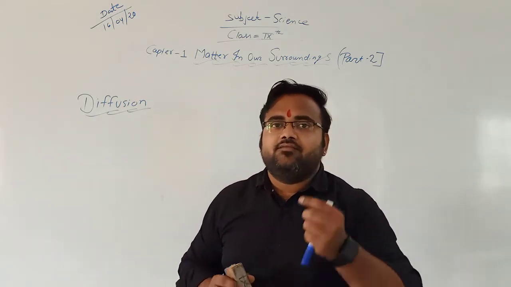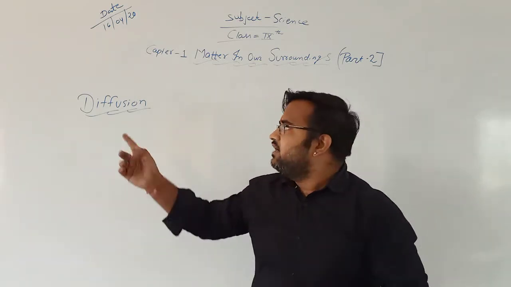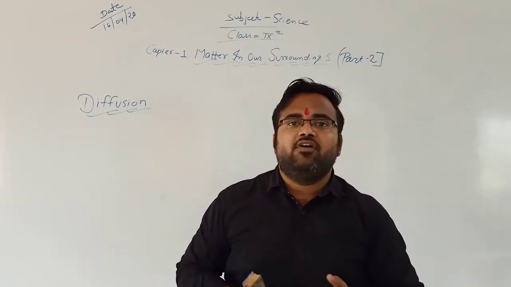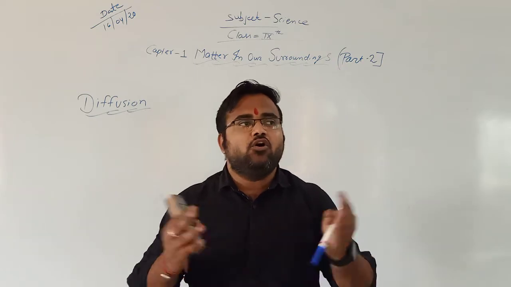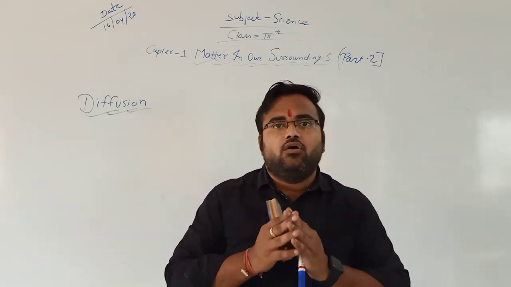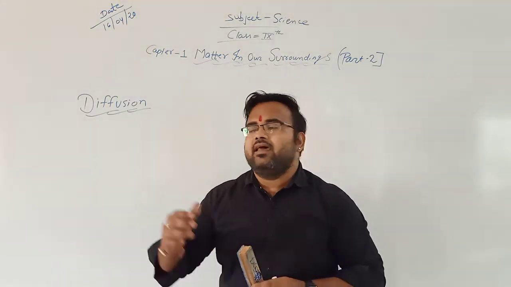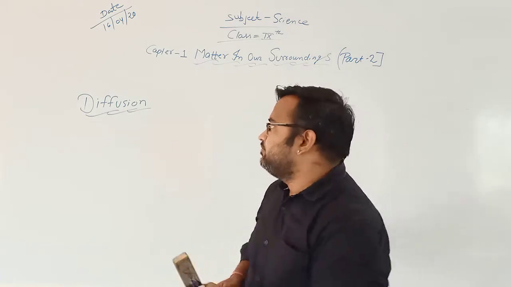As I said, two gases mixing with each other is known as diffusion. The best example of diffusion is when we are using perfume: the spreading of the smell of perfume throughout the room is an example of diffusion. Clear?